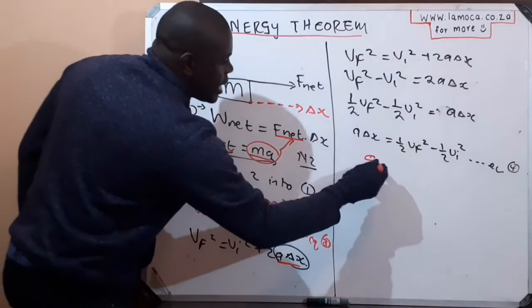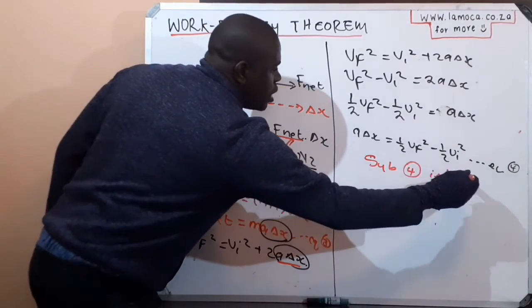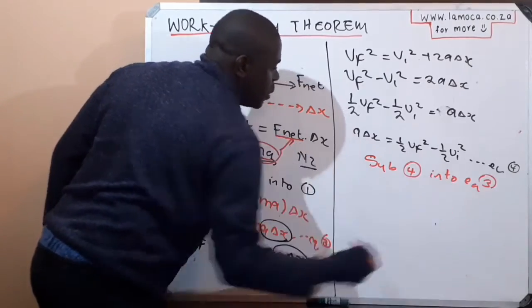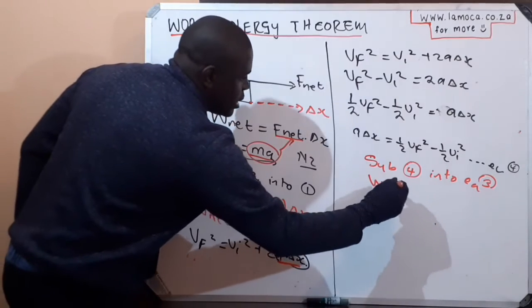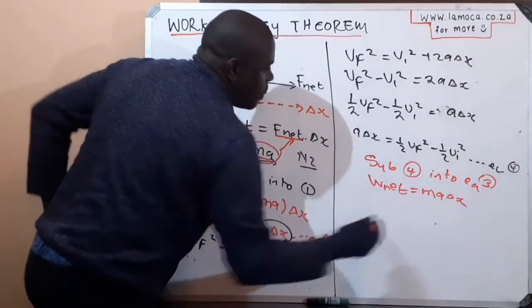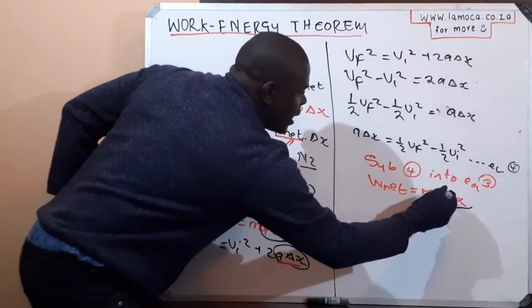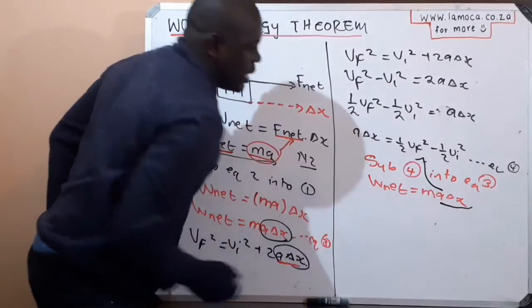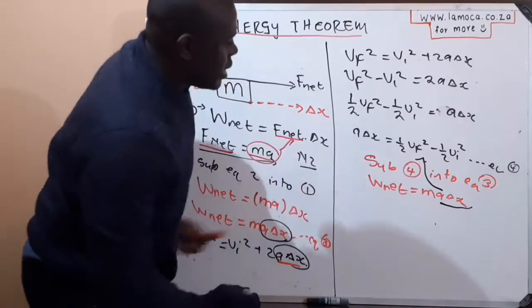Now if I sub equation 4 into equation 3, what will I have? Remember, equation 3 is this guy there. Work net is equal to m a delta X. But a delta X, this guy right there, is the same as that guy. So where I see a delta X, I'm going to put half Vf squared minus half Vi squared.